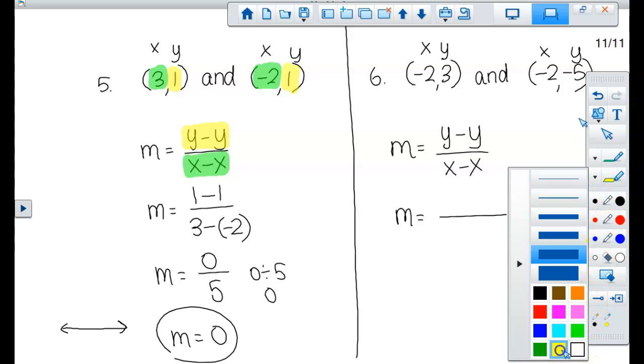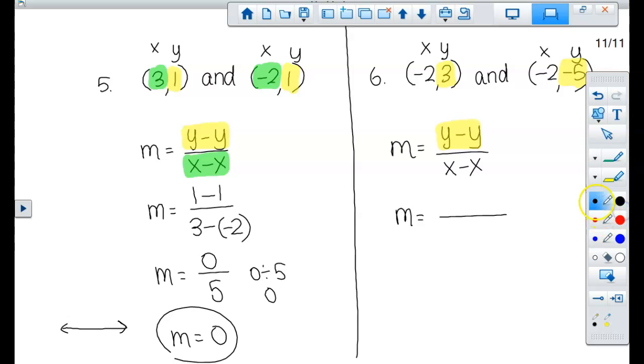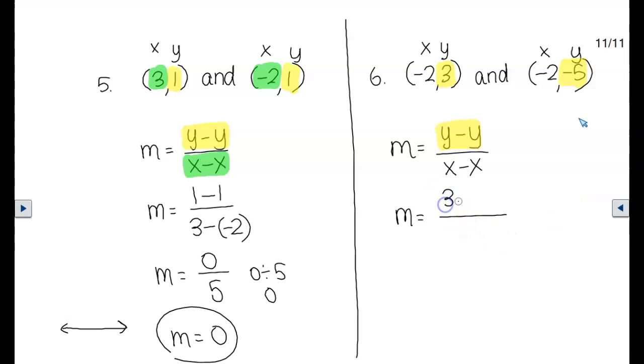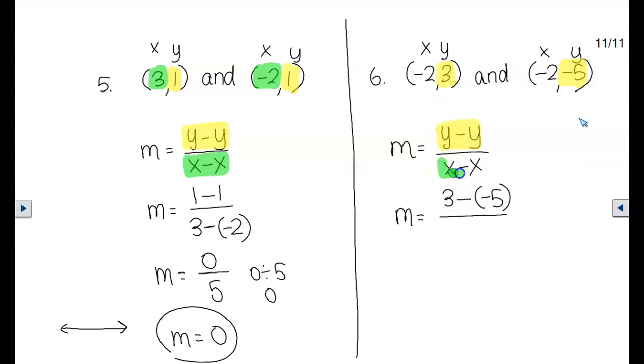All right, so we're going to do y minus y first, which amounts to 3 minus negative 5. So be careful right here, 3 minus negative 5. Then moving down to the bottom, we're going to do x minus x, which is negative 2 minus negative 2.